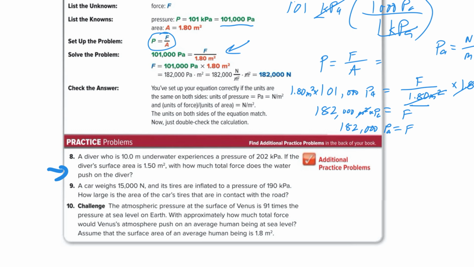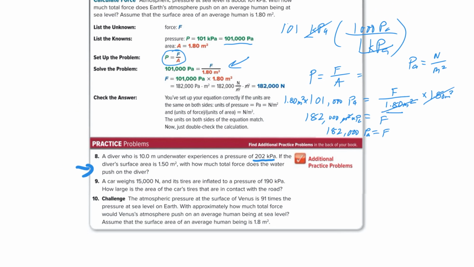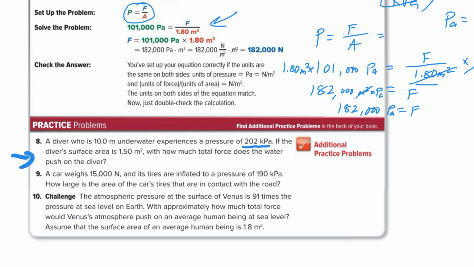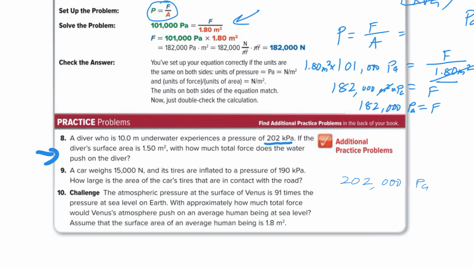You have to figure out what numbers you need. Your pressure is 202 kilopascals, which multiplied out is 202,000 pascals. And then the surface area is 1.5. So you just take those numbers and plug them into the same equation.